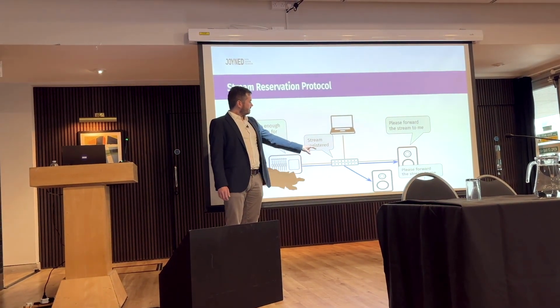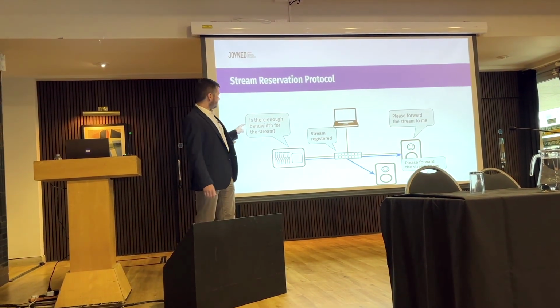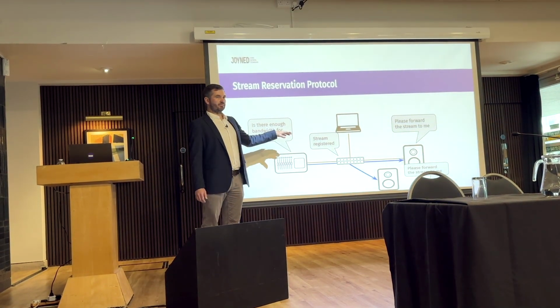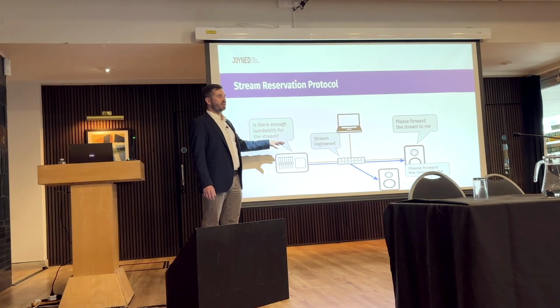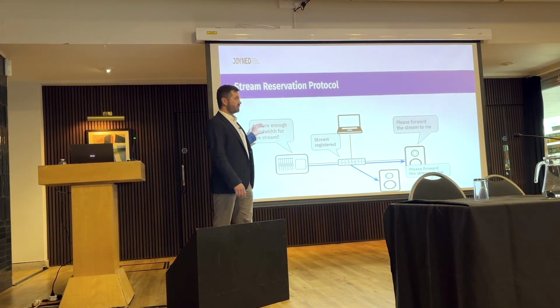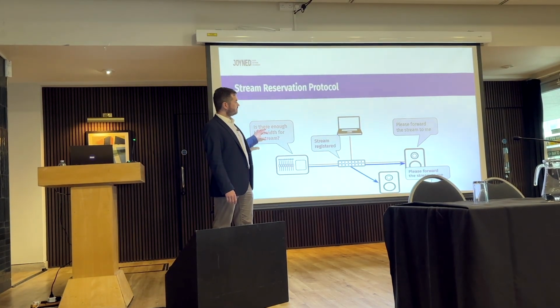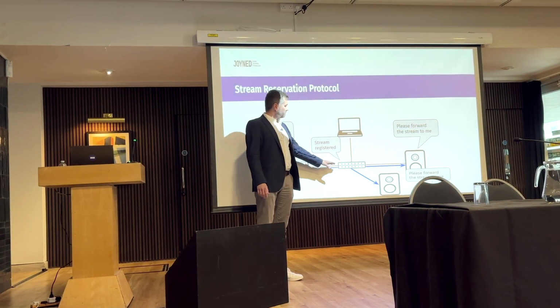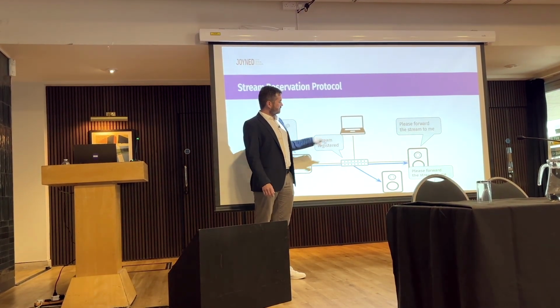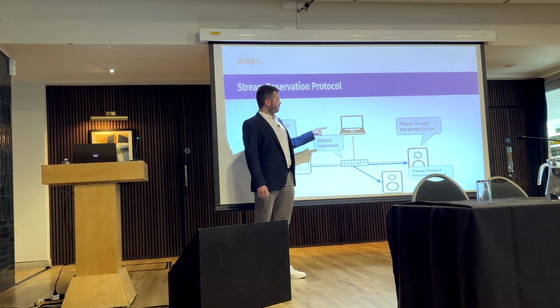And only if there is enough bandwidth, this mixing desk will start streaming. It will not send anything to the network if the switch and the whole infrastructure cannot guarantee that this bandwidth can be handled. And then it can also make easy decisions to say, okay, this is a loudspeaker that requested that stream, so I forward it.